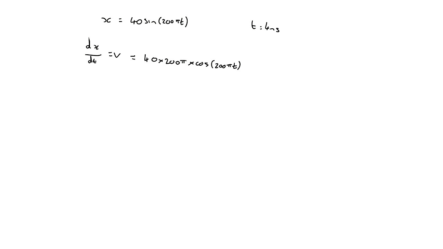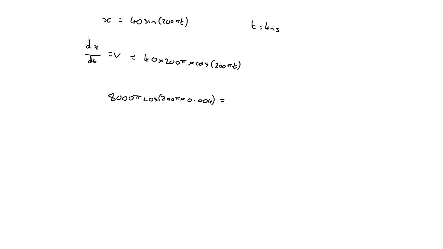So 40 times 200 is 8,000 pi times cos of 200 pi times 0.004. Tap that in your calculator. Again, you should still be in radians mode, so everything should be okay.